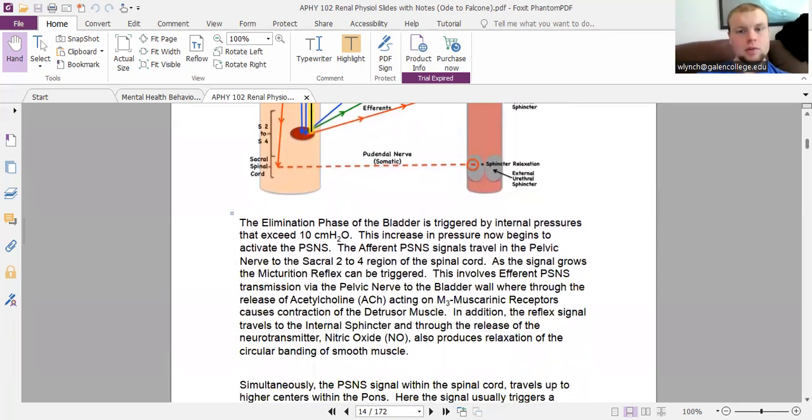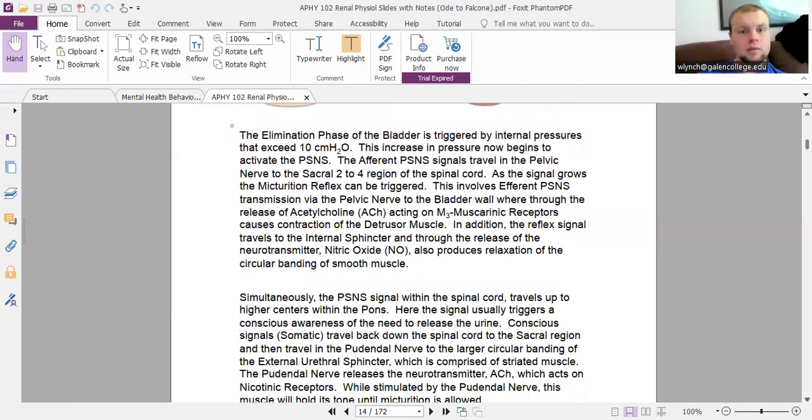So again, that increase in pressure is going to begin with the activation of the parasympathetic nervous system. Those afferent signals are going to travel from the pelvic nerve to the sacral region, all right? Spinal cord, sacral 2 and 4. The efferent parasympathetic response is going to be sent down the pelvic nerve to the bladder.